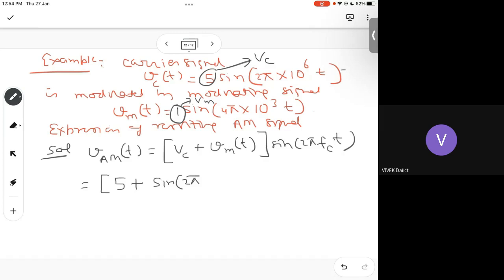So this becomes sine 4 pi, it remains the same, sine 2 pi into 10 to power 6. So that becomes my solution for the modulated wave. Simple. So this is how we go for this one.